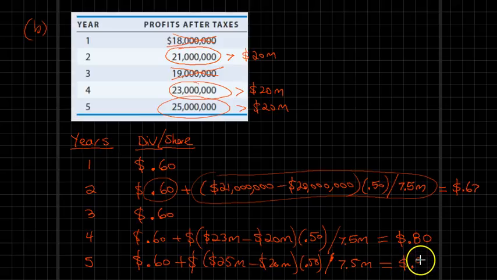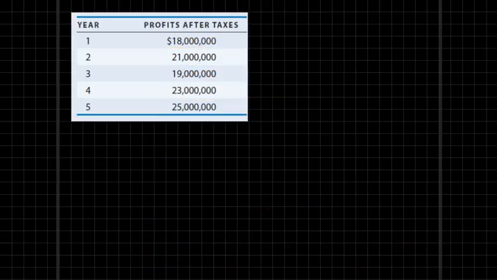And that would solve part B, where we had a small regular dividend and some additional extra depending on profitability. And final part, part C, we have this constant payout ratio of 40%.